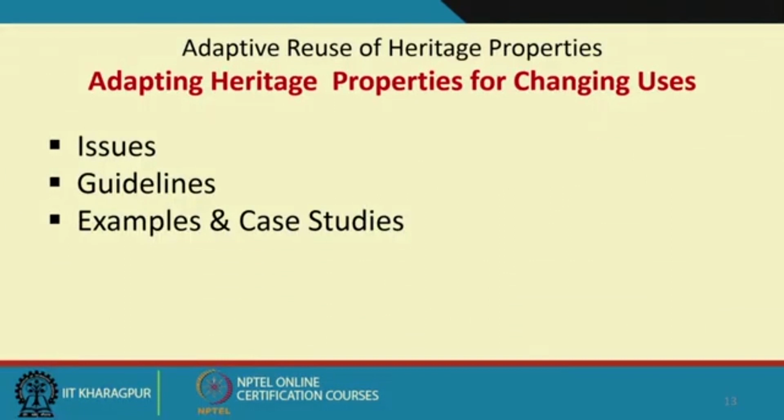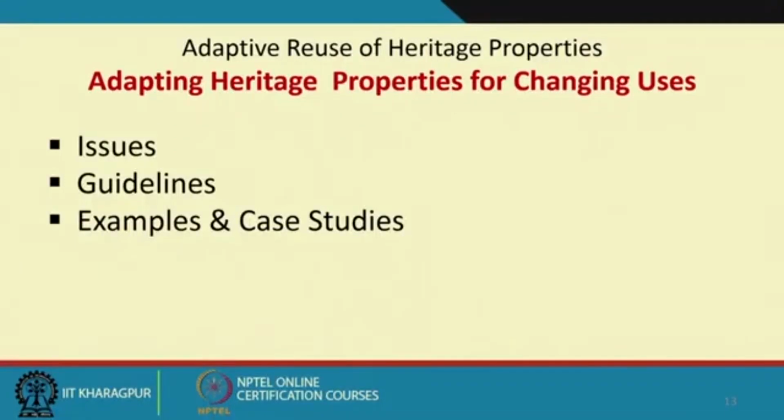This is called rehabilitating the old properties, or the adaptive use of heritage properties, or adapting heritage property for a changing use. How the decisions are taken, what use it can be put to, what are the advantages, disadvantages, what are the implications, what are the guidelines. So, a few case studies will talk about that and see how it can impart another significance to the old properties, and they sometimes become more valuable.